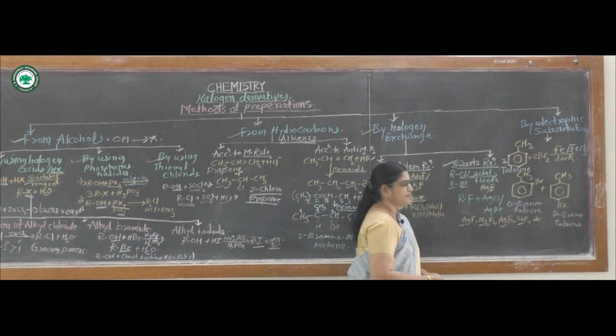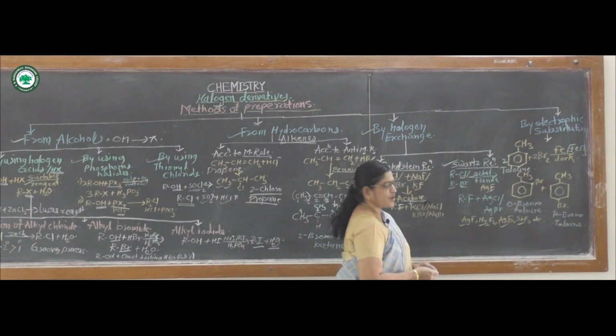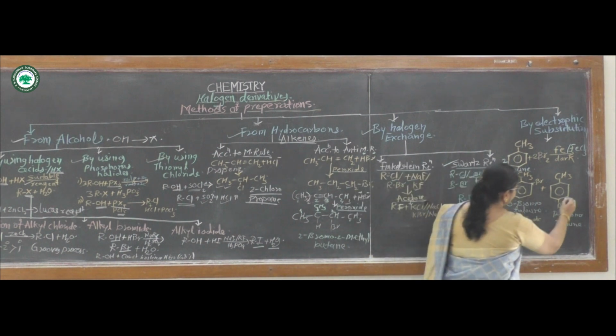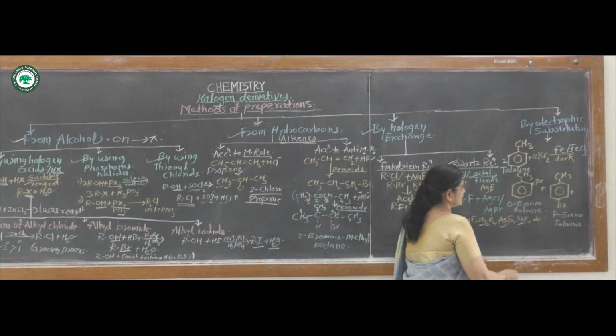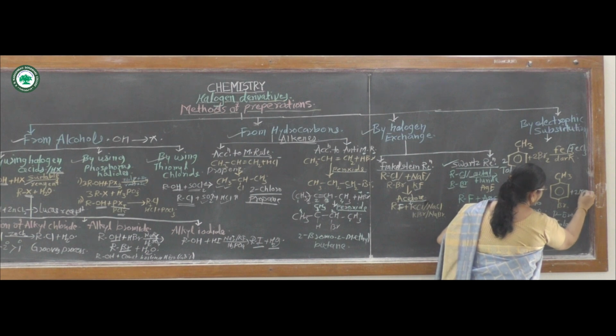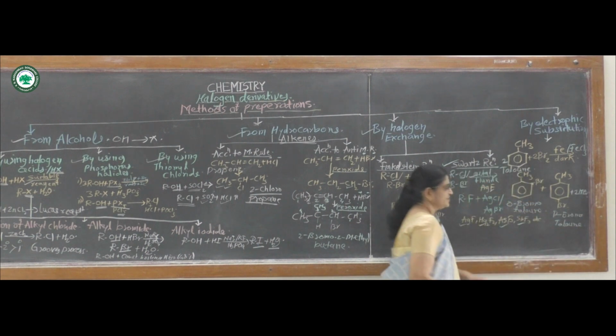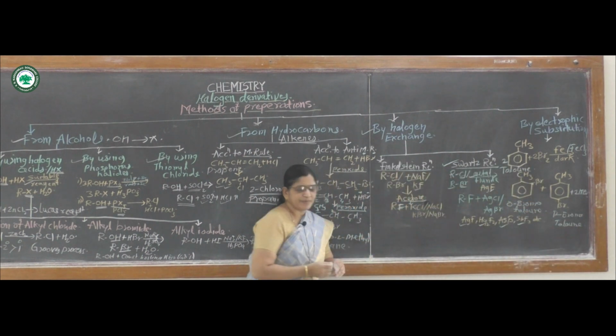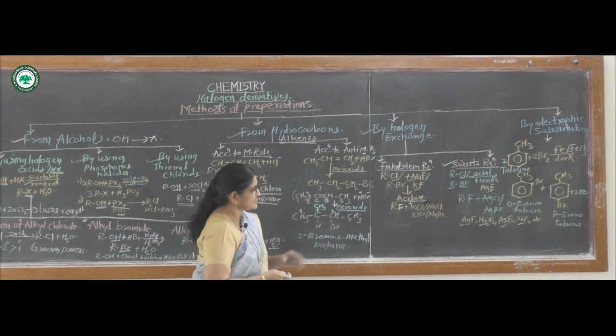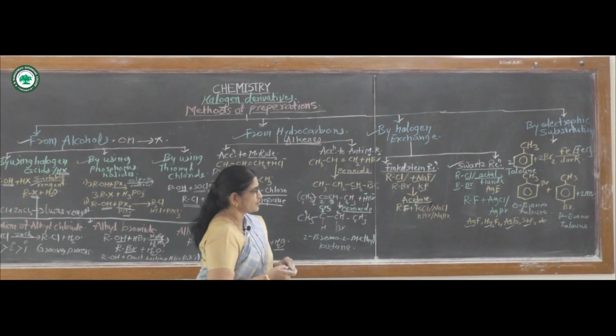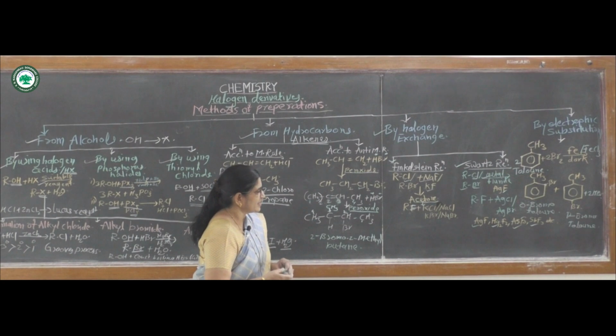That means it gives a mixture of two products, one is ortho and one is para, and it gives a byproduct, that is 2 HBr. In this way, for preparation of haloarenes, the method is electrophilic substitution reaction.